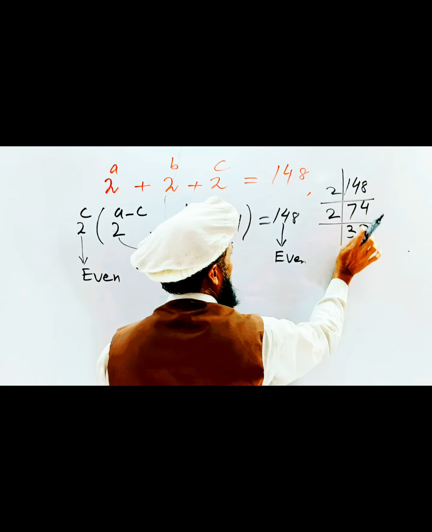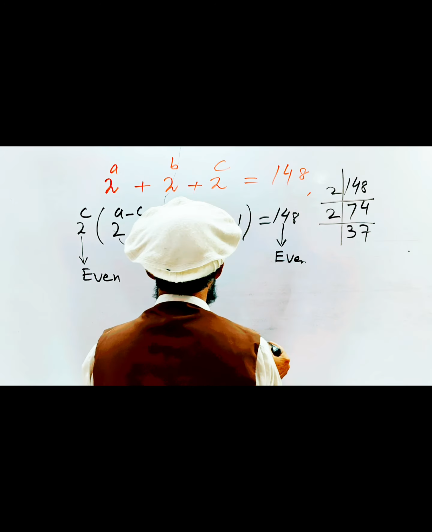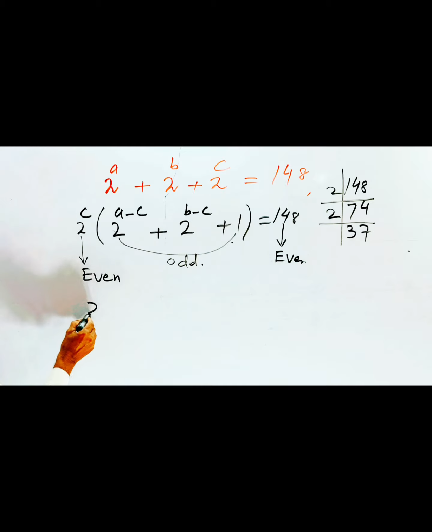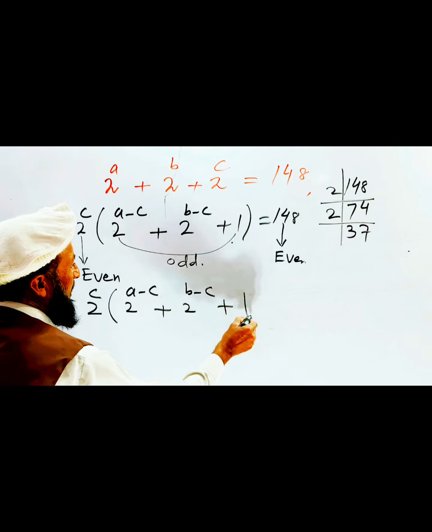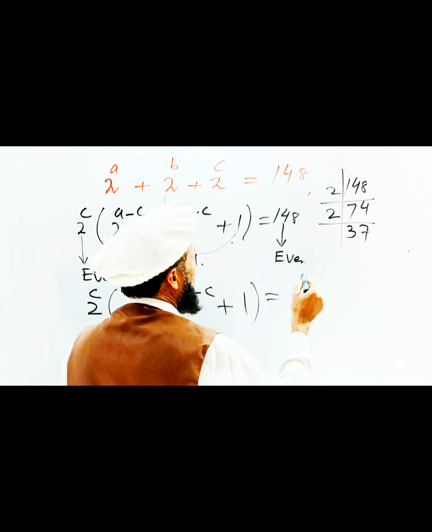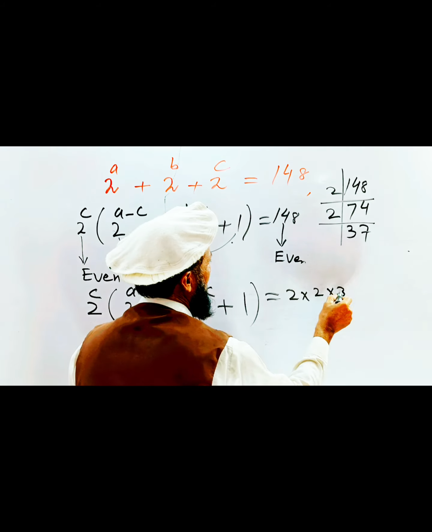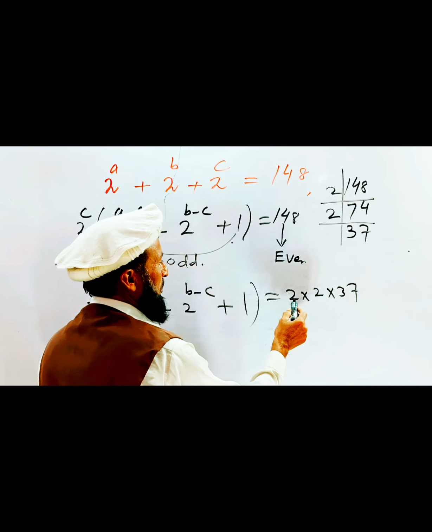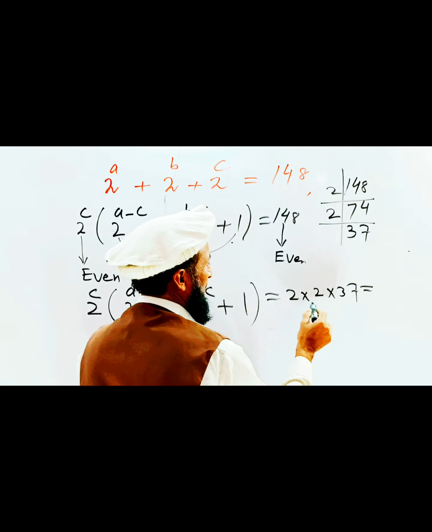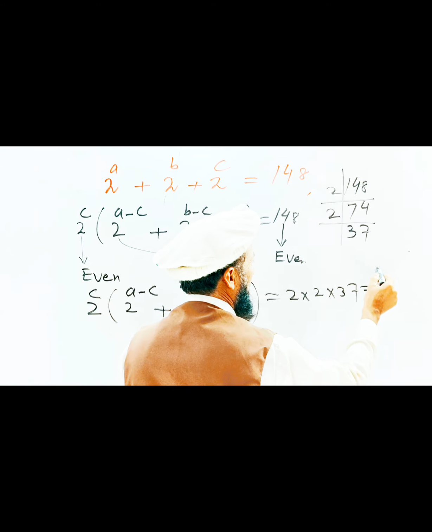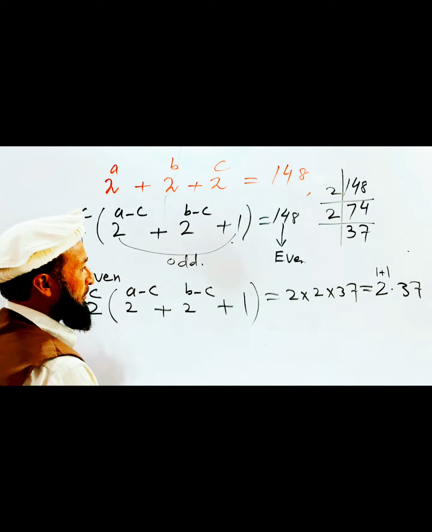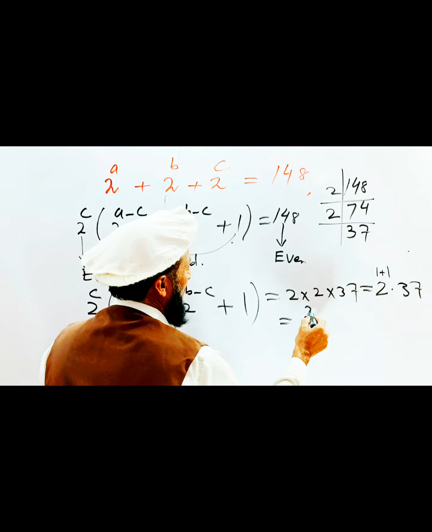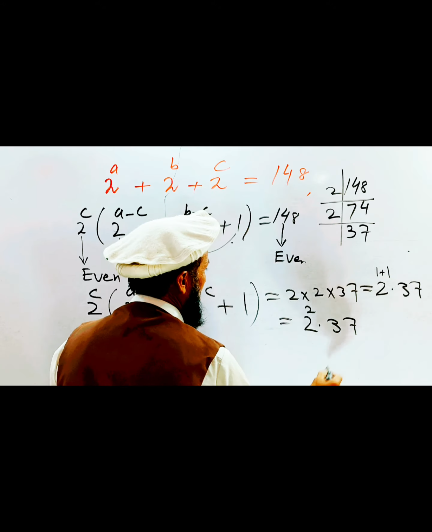It means that in the factorization of 148, we can write this term: 2 exponent of c times 2 exponent of a minus c plus 2 exponent of b minus c plus 1 is equal to 2 multiplied by 2 multiplied by 37. When the bases are the same, we add their exponents: 2 exponent of 1 plus 1, into 37. Next, we can write 2 exponent of 2 into 37.